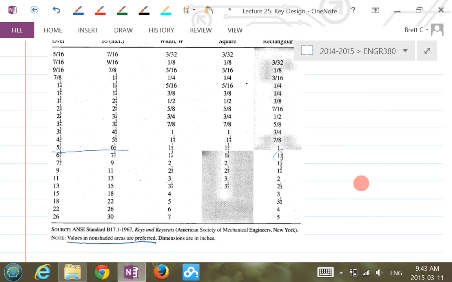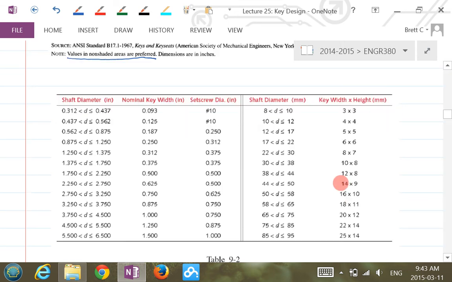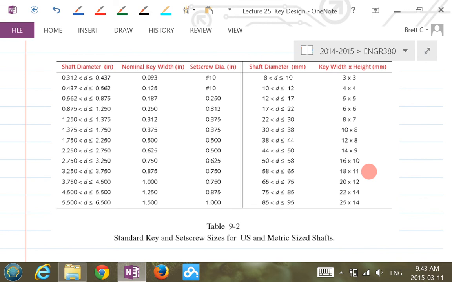And here's another table. This is taken from Norton's textbook, one of our reference textbooks, and it's in my lecture notes. What's the difference? Not much. It gives a shaft diameter in standard millimeter units, and recommends a certain key width and height.